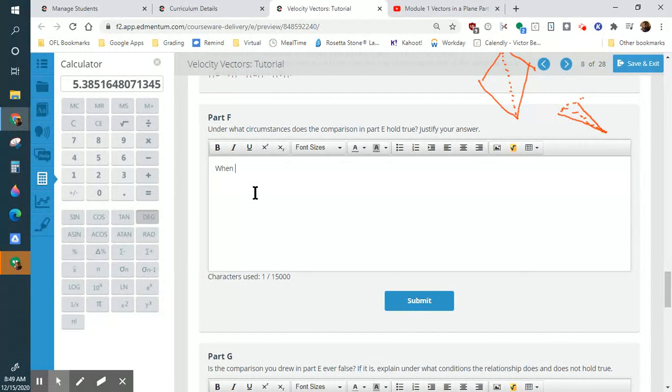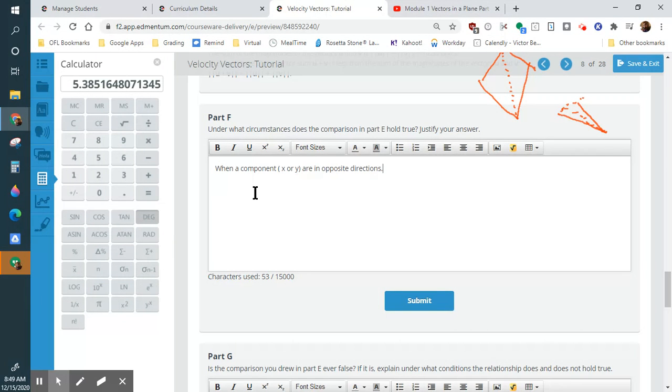When we're talking about components, the x or y components are in opposite directions.